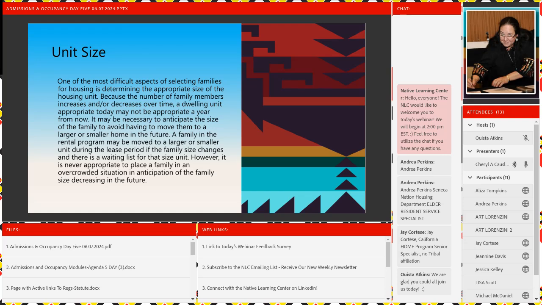You have to determine the appropriate size of that housing unit. Because the number of family members is going to increase and decrease over time. A dwelling unit appropriate today might not be a year from now. Okay. It may be necessary to anticipate the size of the family to avoid having to move them into a larger or a smaller home in the future.